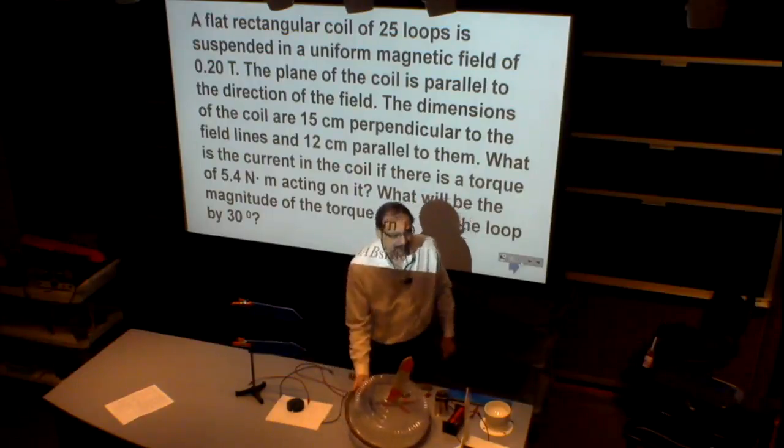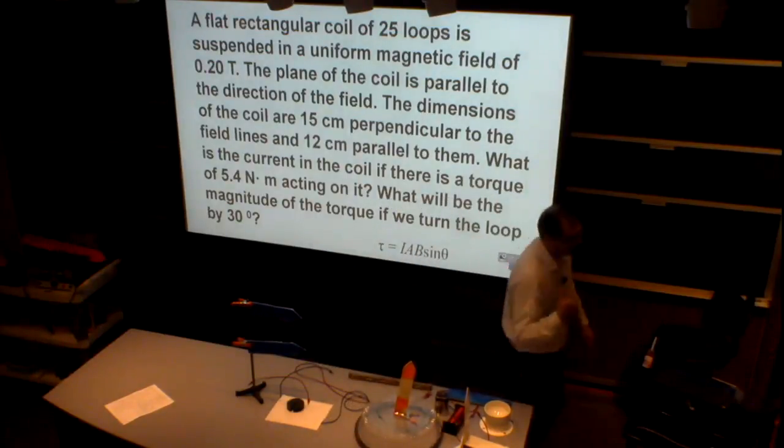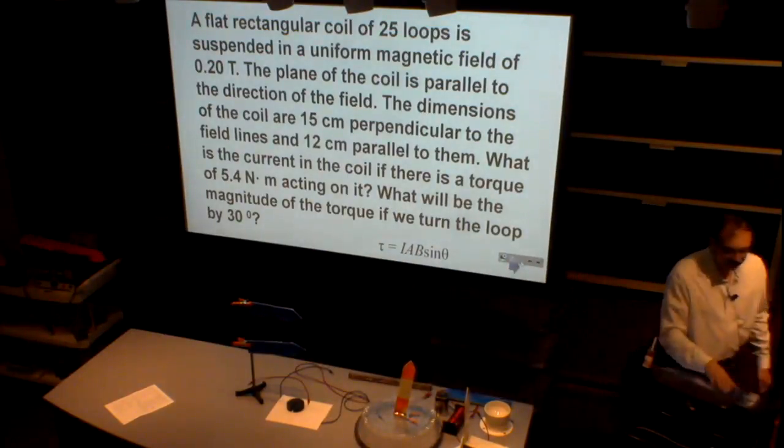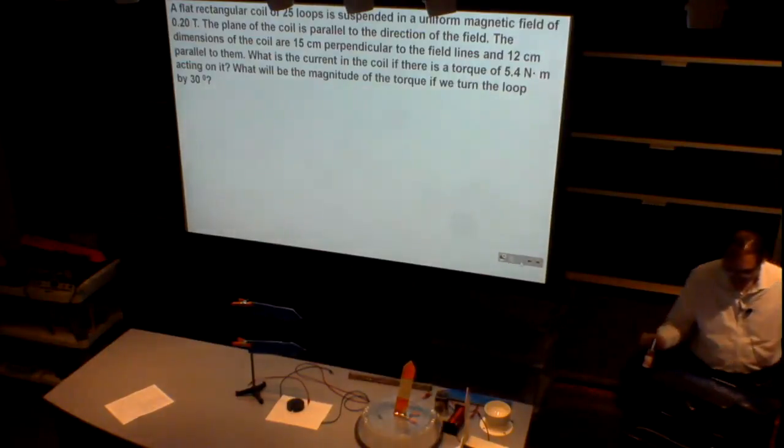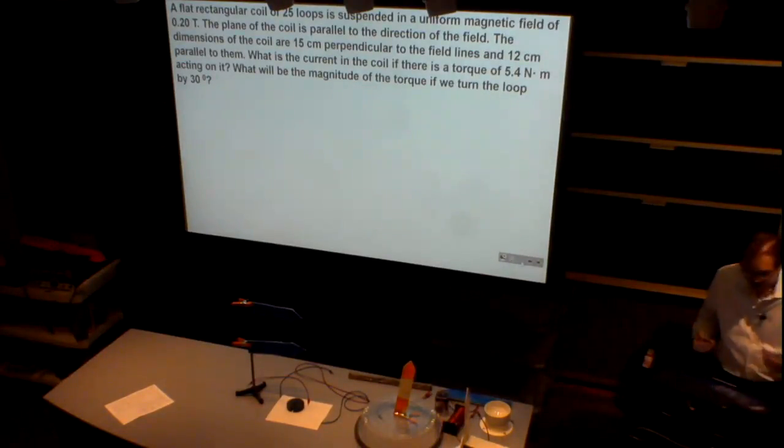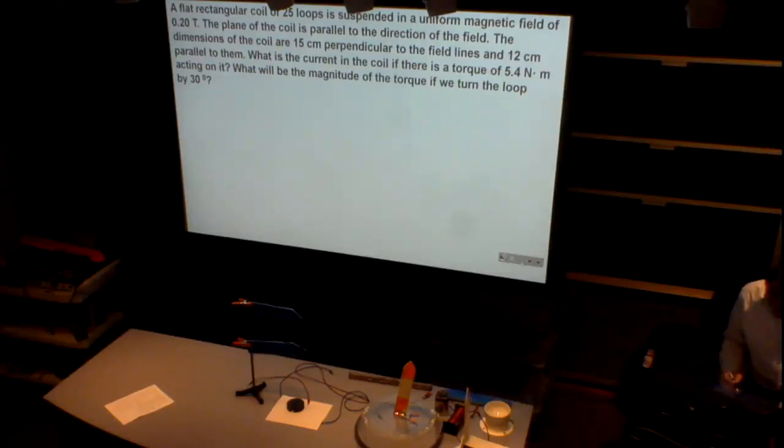The torque reaches maximum. So we start from the maximum torque, and all we have to do is write an equation. That's for a single loop. That's for N.